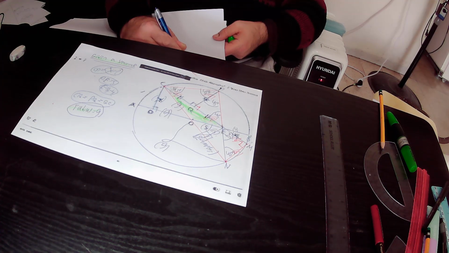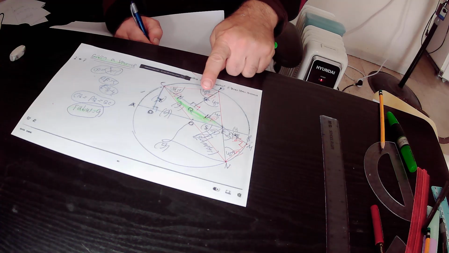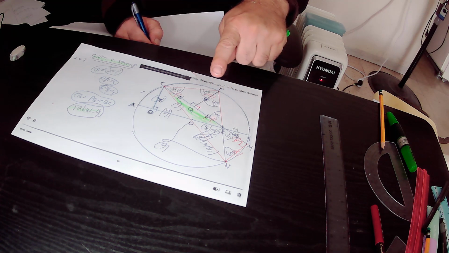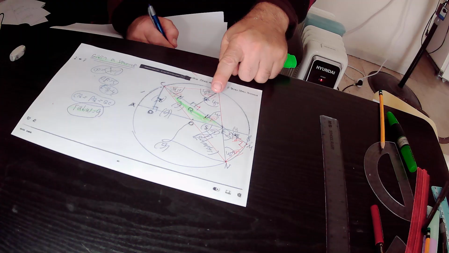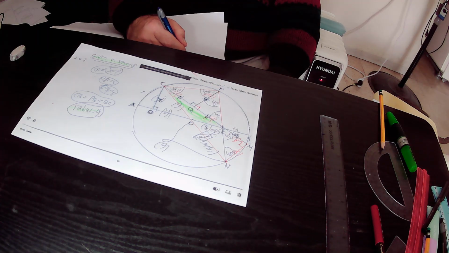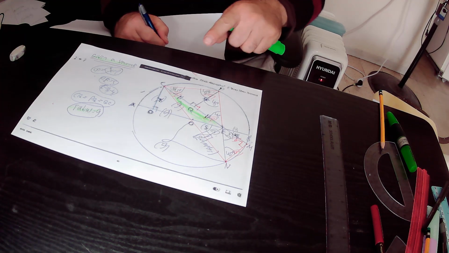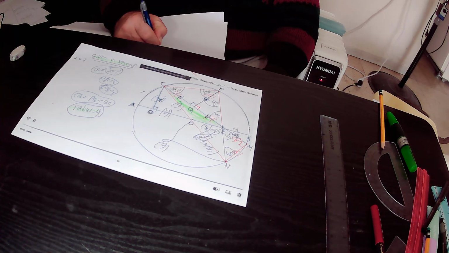In the next step, we calculate the area of this green triangle COE according to the formula that says that the area of any triangle equals the base of the triangle times the height to the base over 2.